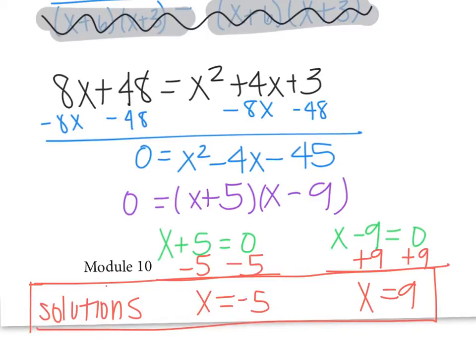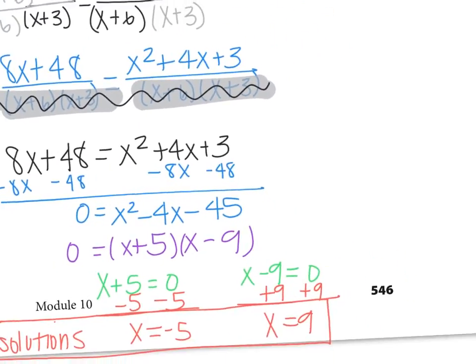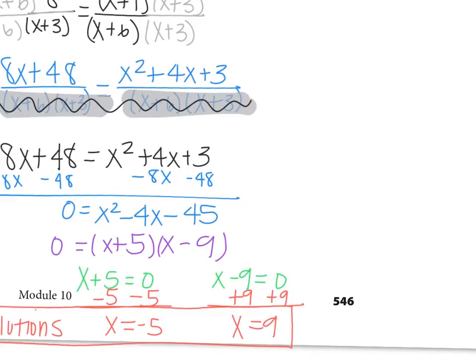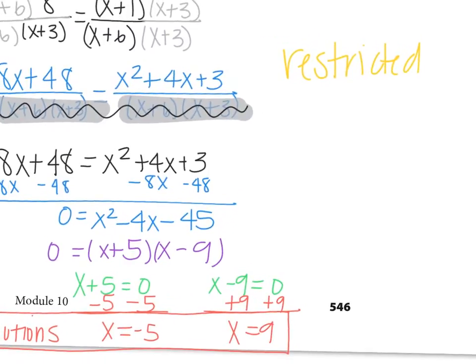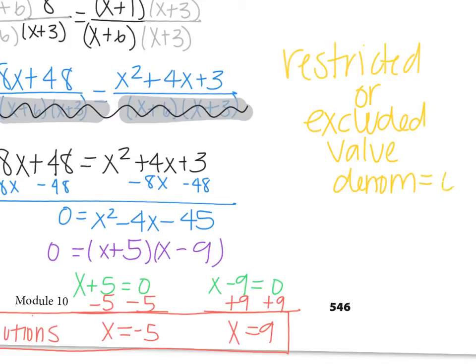The only thing I have left to do is make sure that neither of these is considered a restricted value or an excluded value. We're going to do a problem in a second where it does have one of these. If it's a restricted or excluded value, that is when the denominator is equal to 0.